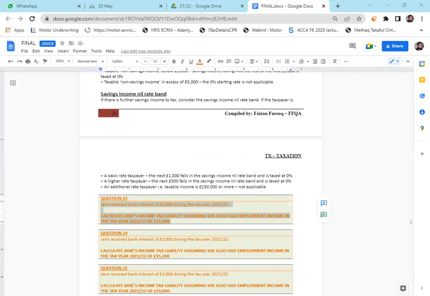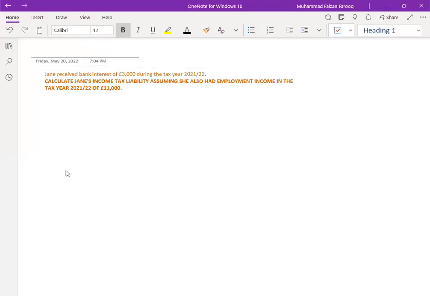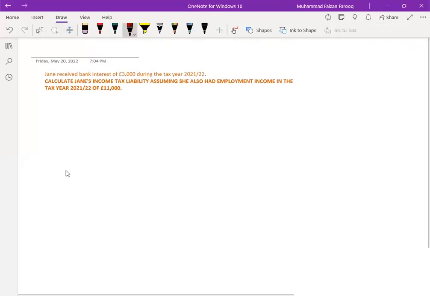First thing, is employment income a savings or non-savings income? Non-savings income. Okay. Now we will solve the question. Here we have one note and I am writing.